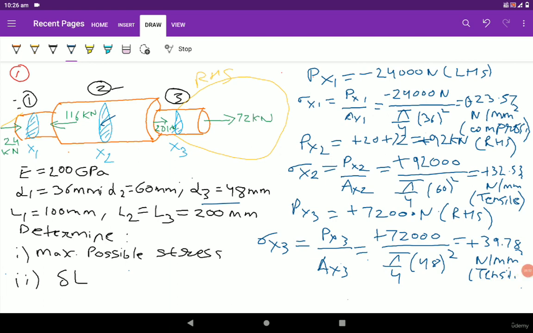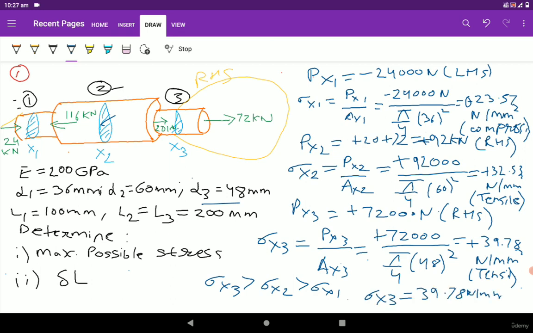Now we have to find out the maximum possible stress. Here you can see that sigma x3 is greater than sigma x2, which is greater than sigma x1. So we can say that the maximum possible stress in this case is sigma x3, that is 39.78 Newton per millimeter square.